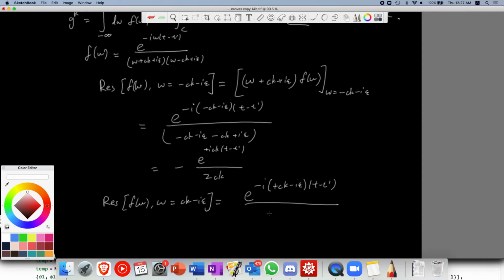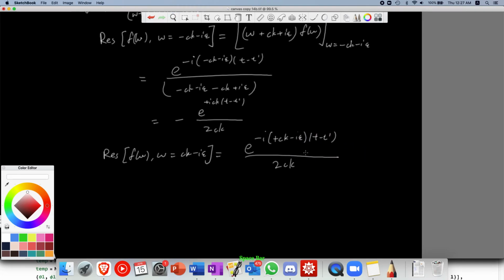The bottom would be 2ck. So taking the limit where epsilon approaches 0, we have e to the power of minus i ck t minus t prime over 2ck.